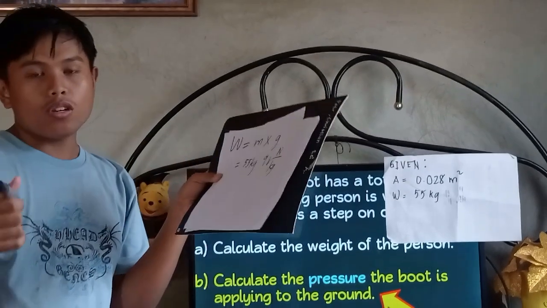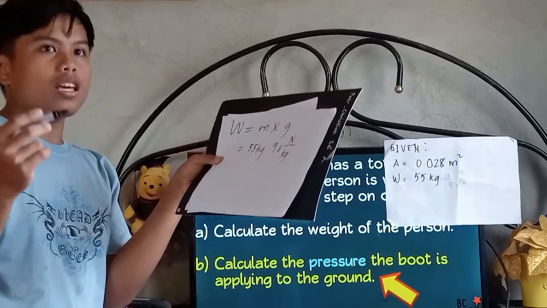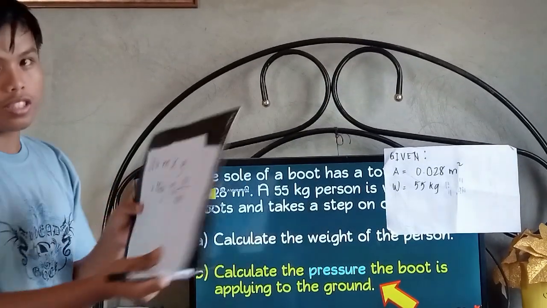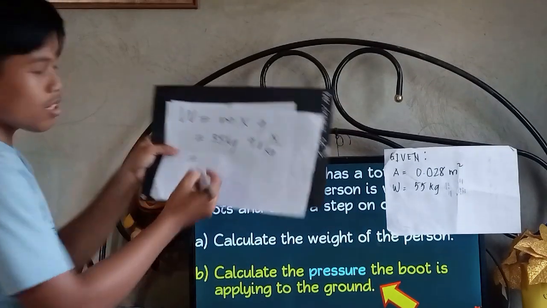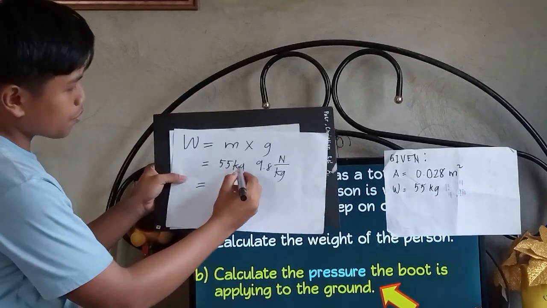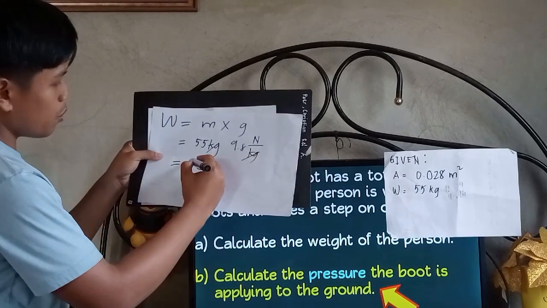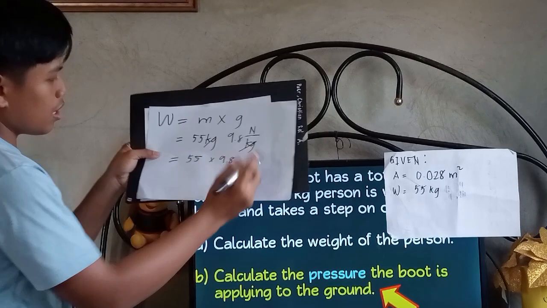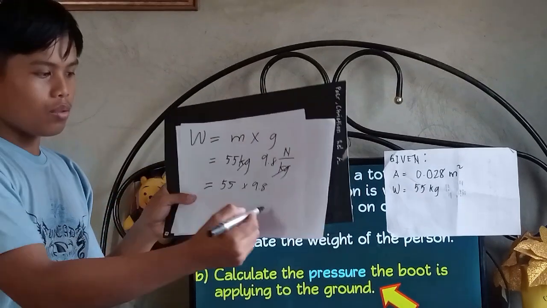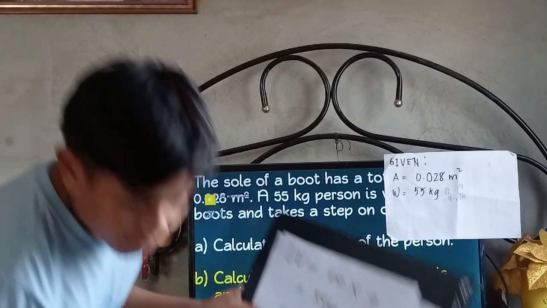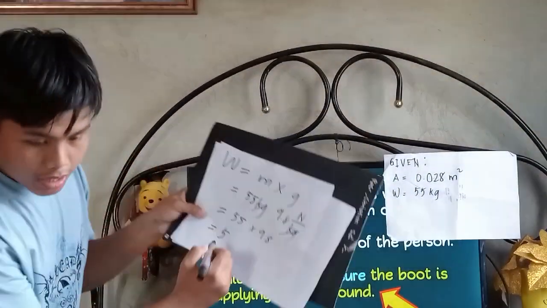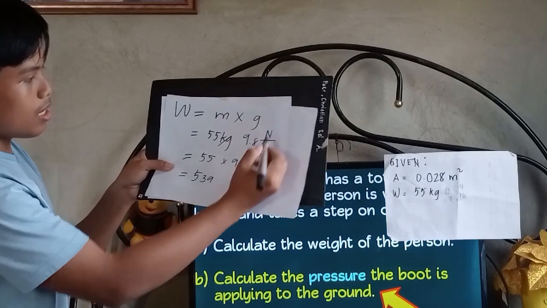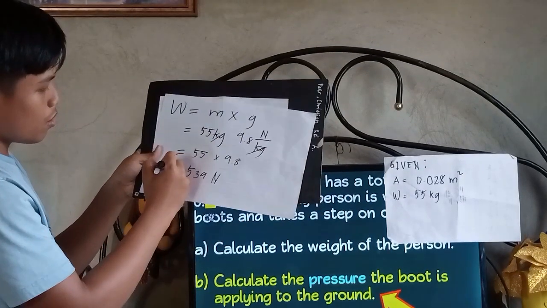This is similar to 9.8 meters per second squared. Next, we cancel the kg. Then we have 55 times 9.8. Multiplying these two figures, we get 539 newtons.